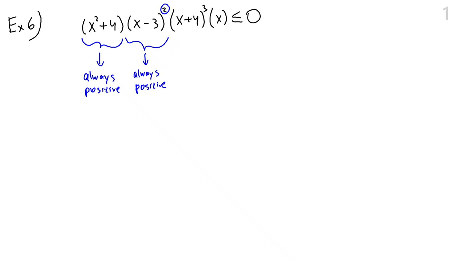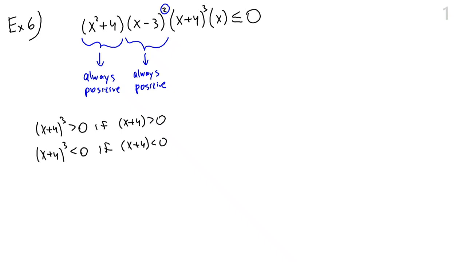This next piece, x plus 4 cubed, is positive if x plus 4 is positive, and x plus 4 cubed is negative if x plus 4 is negative.